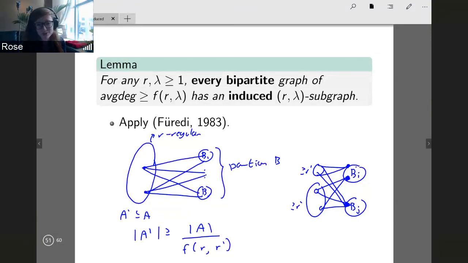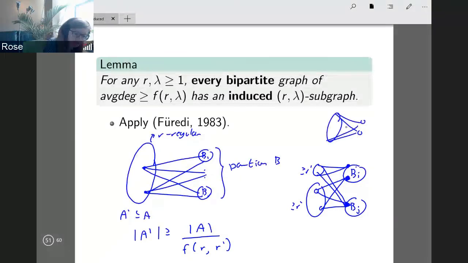Okay, so let me just say again what we're trying to do. We're taking this larger side A, and then without getting rid of too much of A, we're partitioning B into parts so that every pair either contributes no 4-cycles or it contributes a lot, in the sense that every pair has at least R prime common neighbors.